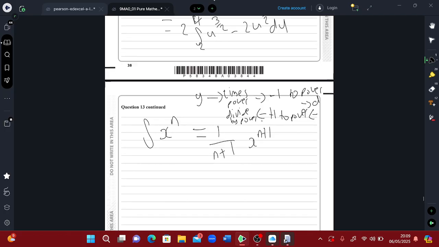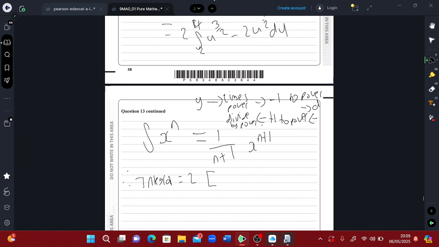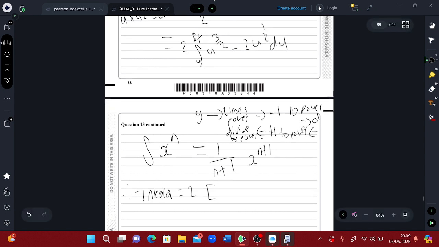Okay, therefore the integral is actually now going to be between 4 and 2. So we're going to integrate these three. Okay, so u to the 3 over 2. That's going to be 1 over 3 over 2 plus 1, u to the 3 over 2 plus 1. That would be 5 over 2. Minus 2 u to the half.